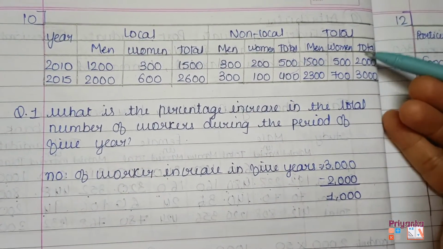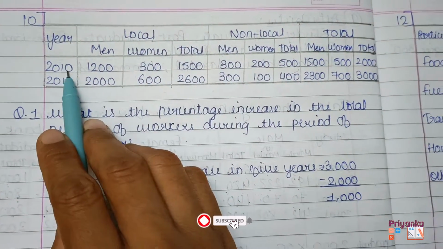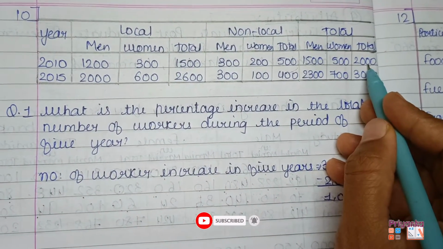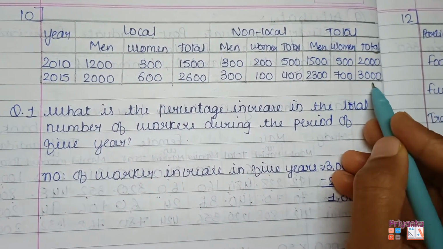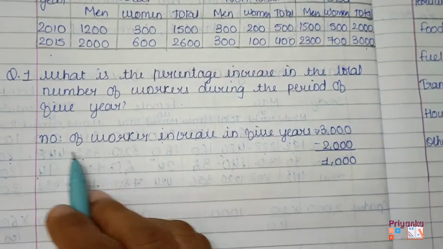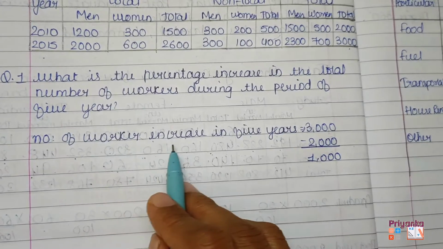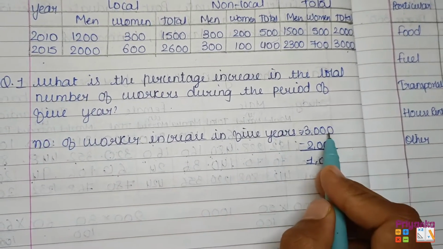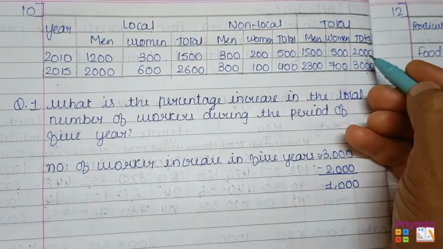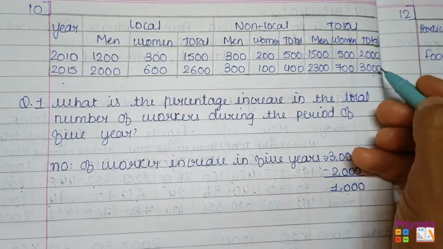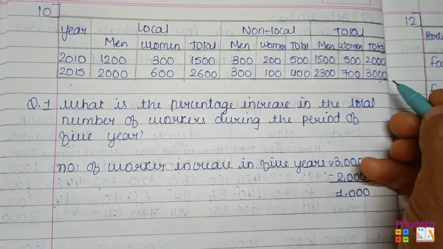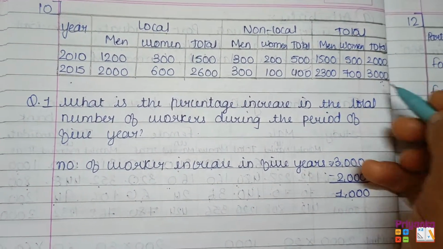Here you can see the total number of workers from 2010 to 2015. The number of workers was 2000 in 2010, which has increased to 3000 in the year 2015. So first of all, let's take the increase in the number of workers in the 5 years. That is 3000 minus 2000, which is 1000. So 1000 workers increased within 5 years.